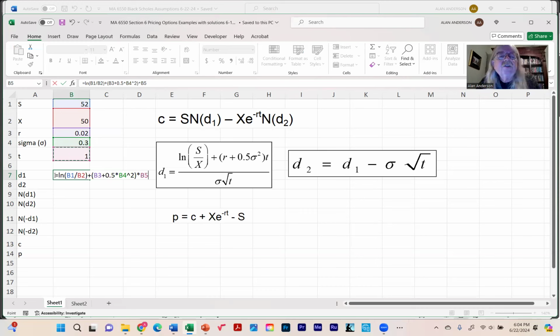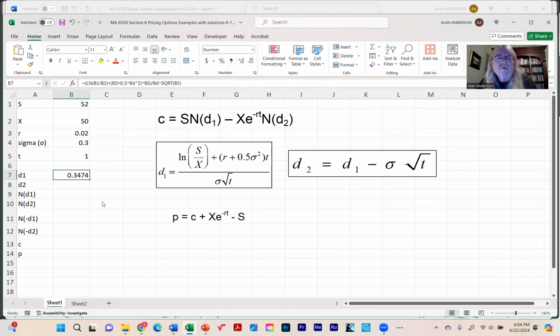And now all of this should be enclosed in parentheses because this is the numerator. And then we're going to divide by, very simply, sigma times the square root of t. Which, by the way, again, square root is another one of those functions, and I'll give you a list of the ones that we need later on, where it's spelled differently in VBA.